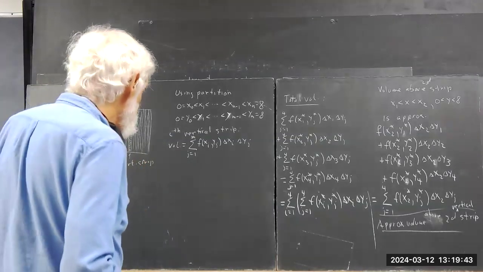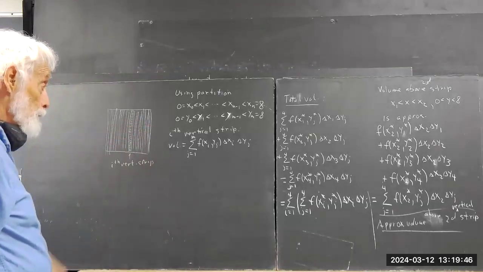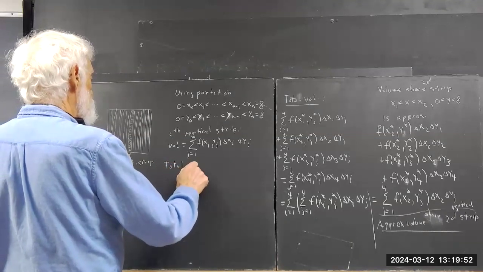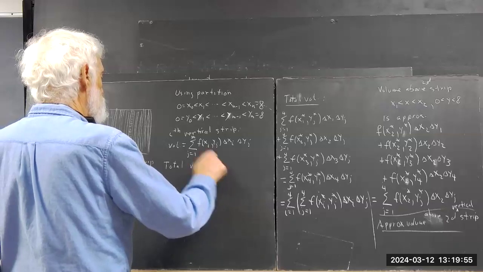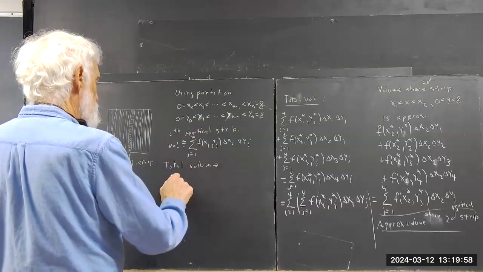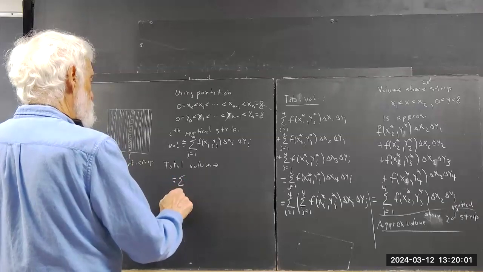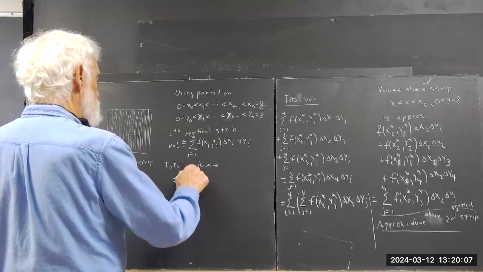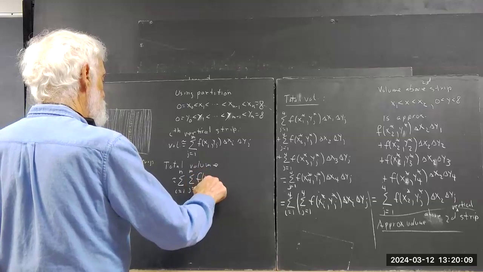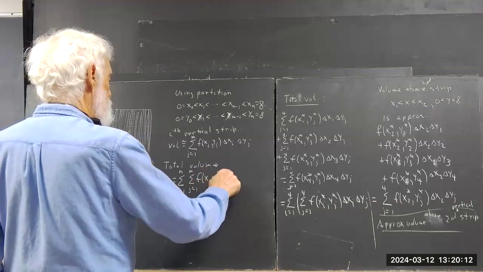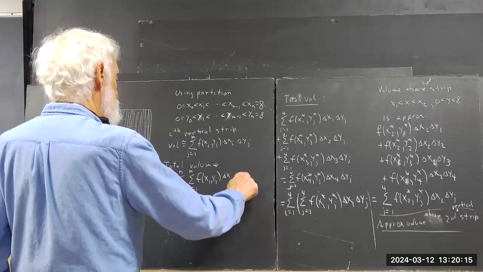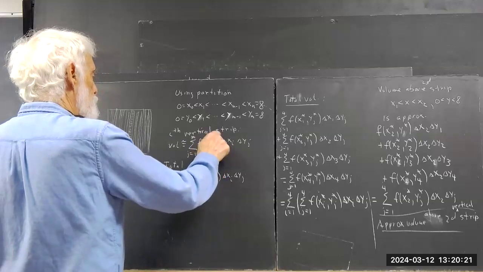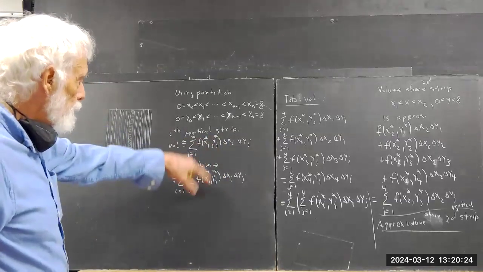Well, that's for the ith vertical strip, and I should say approximately equal. Then I want stars in these things because these are sample points.